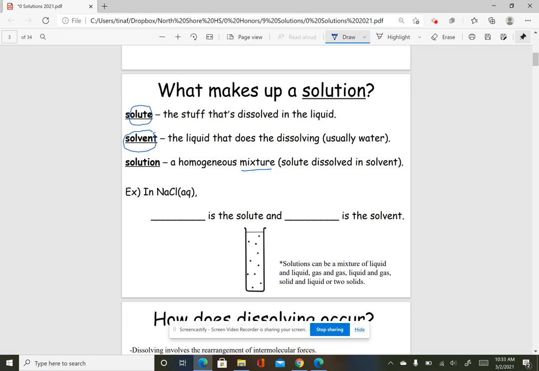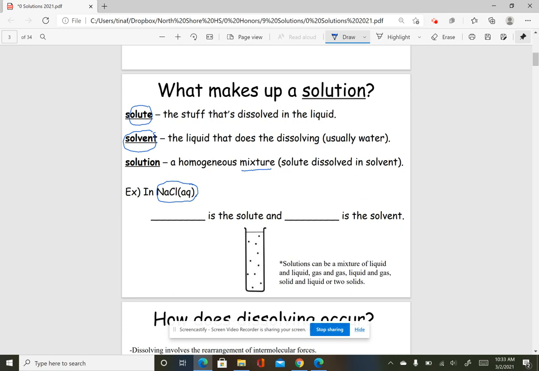In chemistry, we're going to see examples written like this. And if you remember from, again, in the beginning of the year, we used that symbol AQ to say if something is aqueous or dissolved in water. So in this example, I know that it's a mixture because I have NaCl and I have water. I have two things mixed together.